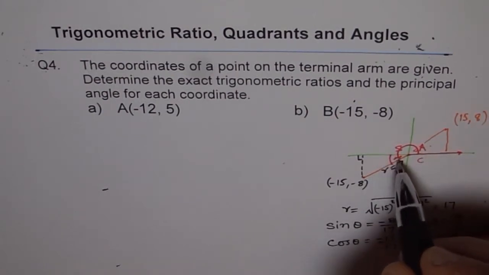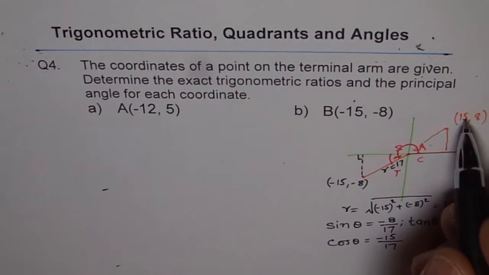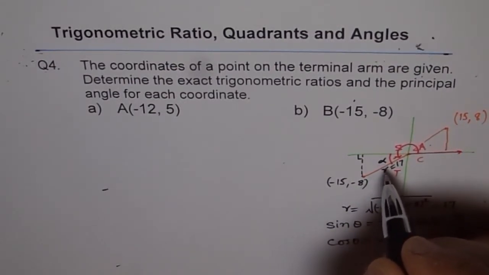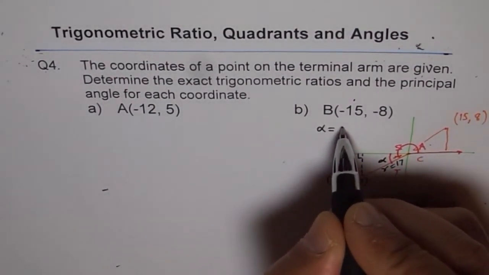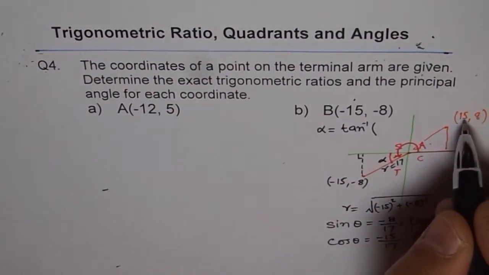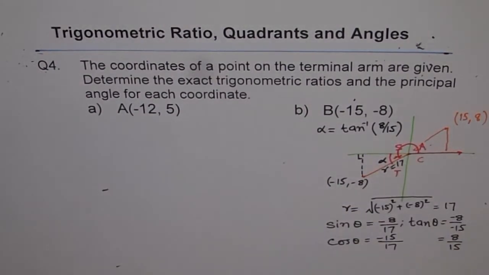Use tan theta, x and y values. Tan is y over x. So theta, I should call this alpha for the time being, the acute angle. Alpha equals tan inverse of y over x, which is 8 over 15, correct? That is tan alpha.